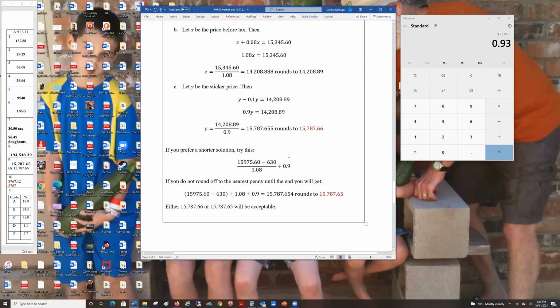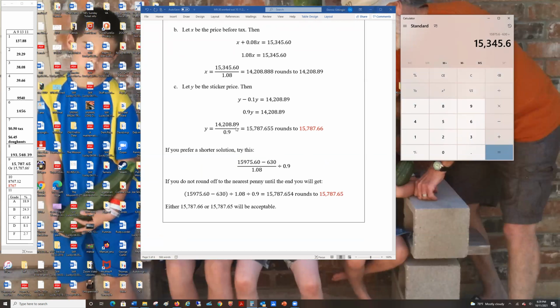If you want a shorter version, here's a cute little formula. Take 15,975.60, and you can put the 0 or not, and subtract 630 from it, and hit the equal sign, because you don't want to be dividing just the 630 by the next step, 15,345.60.